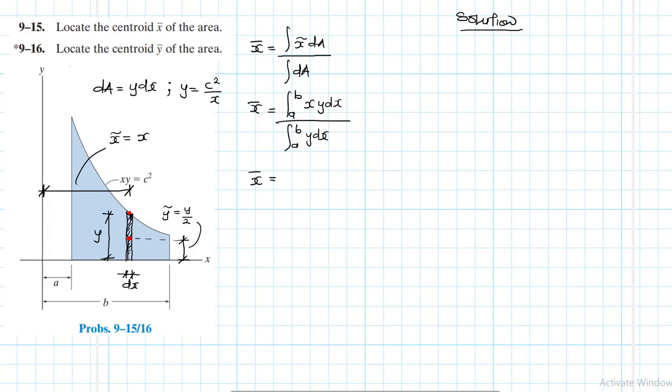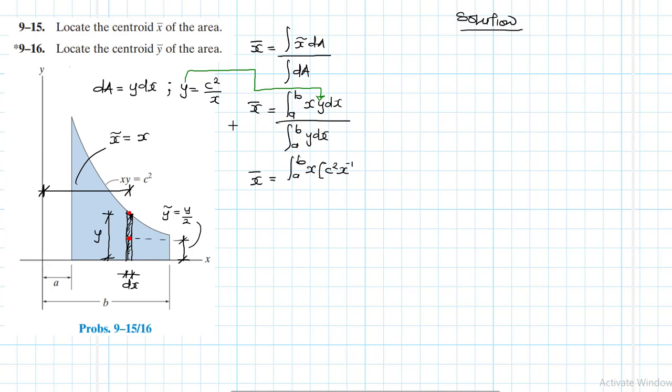All right, let's replace this y using this y. When we do so, then we are going to have something like this. From a to b, x, and then replace this y. What do we have? That's c squared x to the power of minus 1, right?